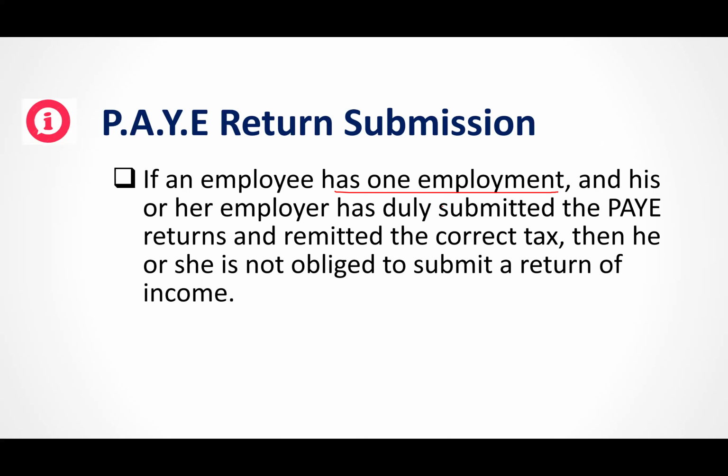If you are employed by one person, one company, and your boss has duly submitted the pay returns and remitted the correct tax, you also have to verify, is it the correct? So tomorrow is Monday. Go to your bosses and ask them, how much tax did you remit? Was it correct? You recalculate and see, did they remit the correct?